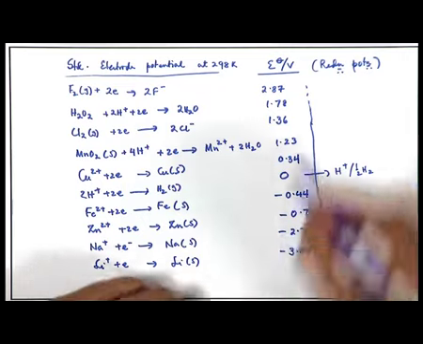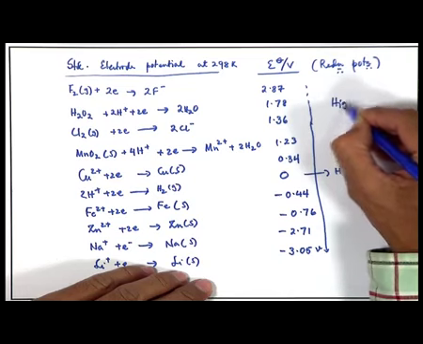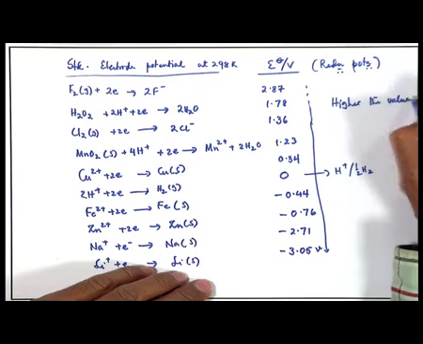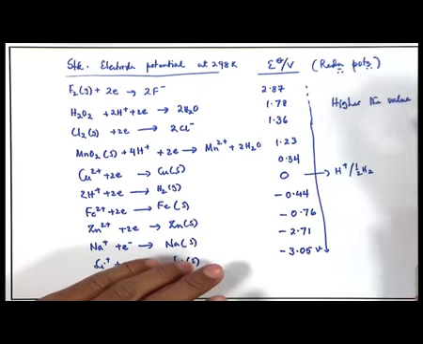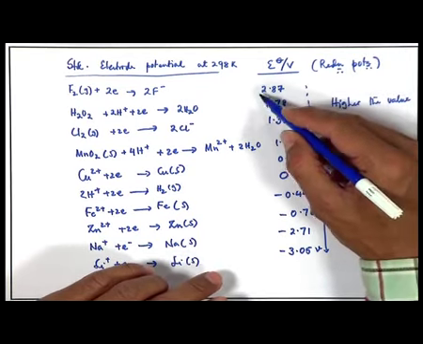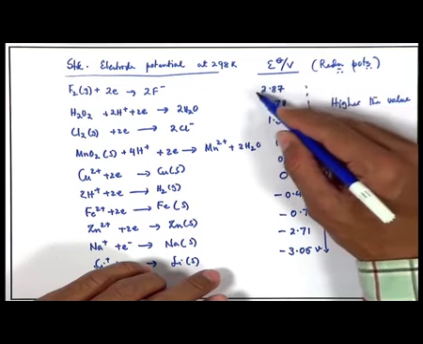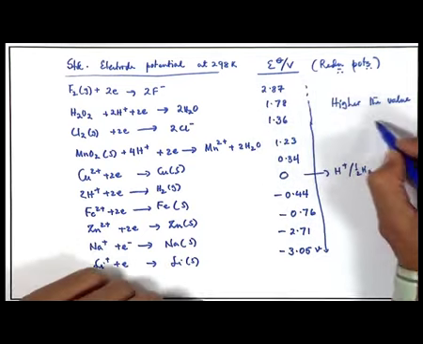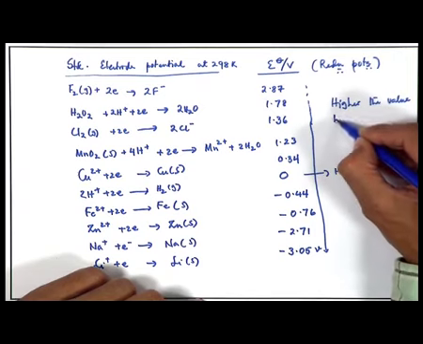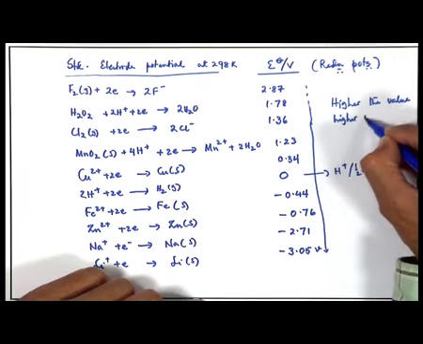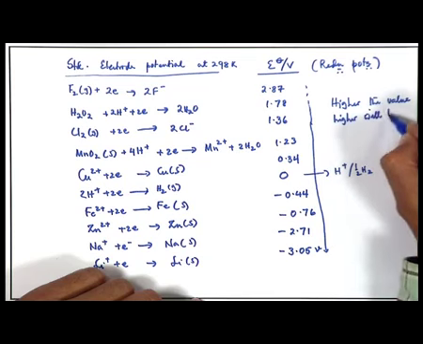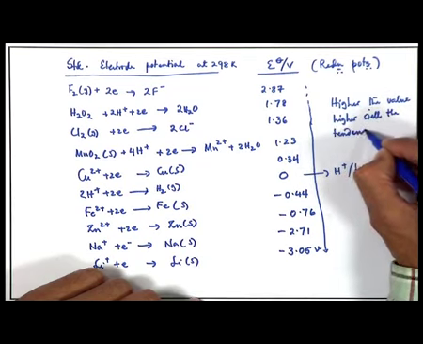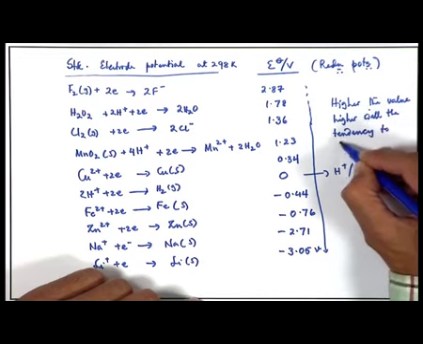Higher the value, in the absolute sense, because you have to consider both the numerical value as well as the sign. Okay. So, the higher the value, the higher will be the tendency to be reduced.